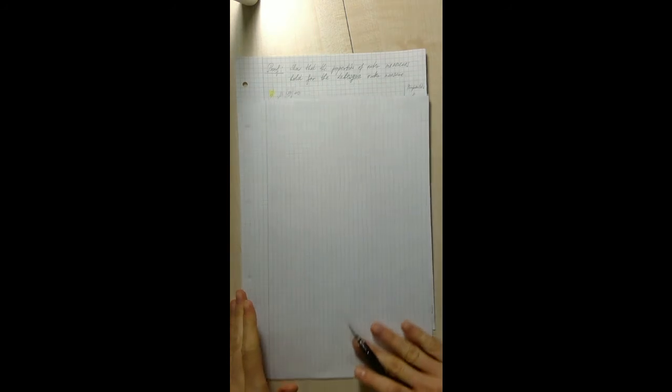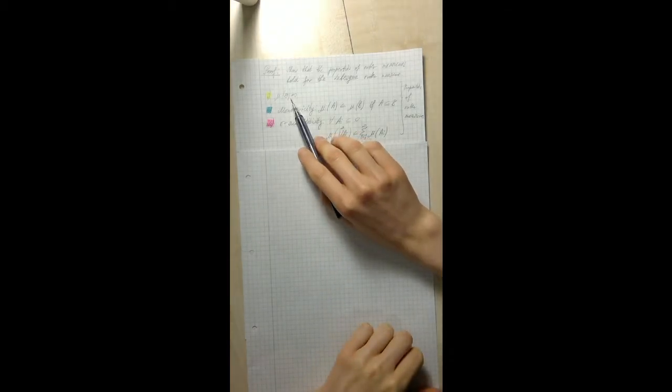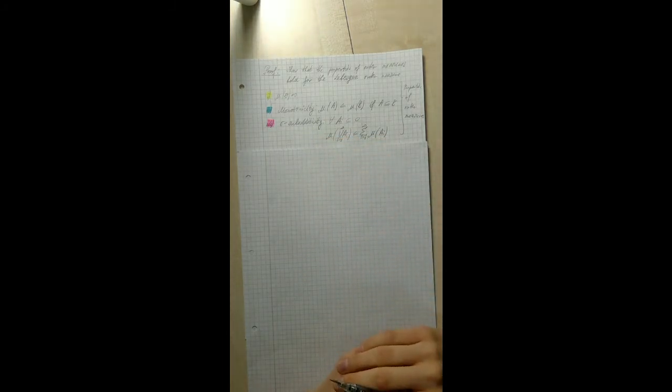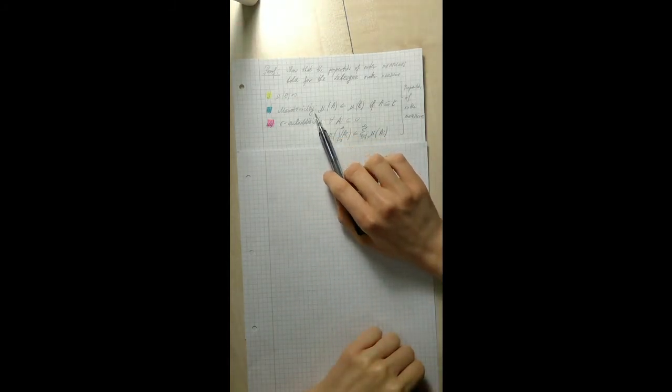Now the proof. We have to demonstrate that the properties of outer measures hold for the Lebesgue outer measure. There are 3 of them. Let mu be the measure. Then the measure of the empty set must be equal to 0. The second property is called monotonicity.